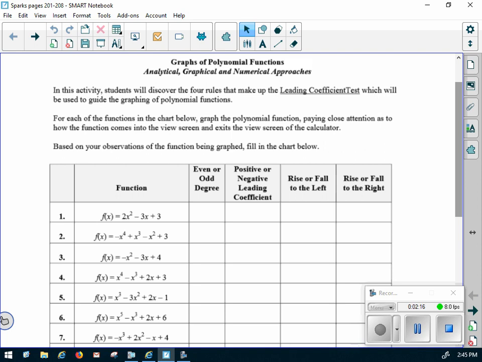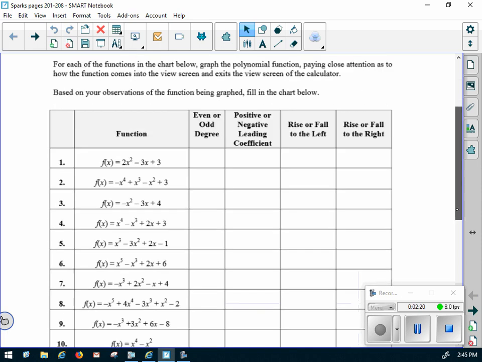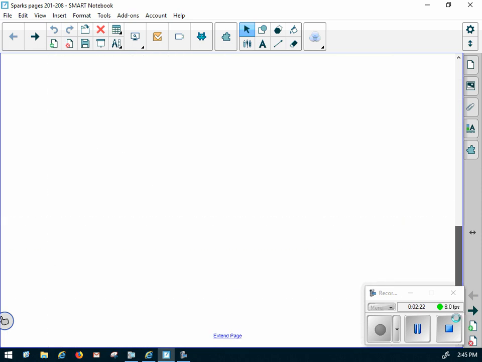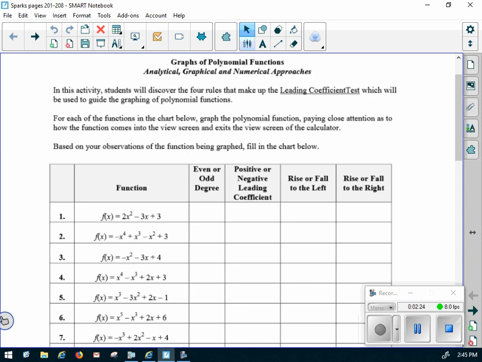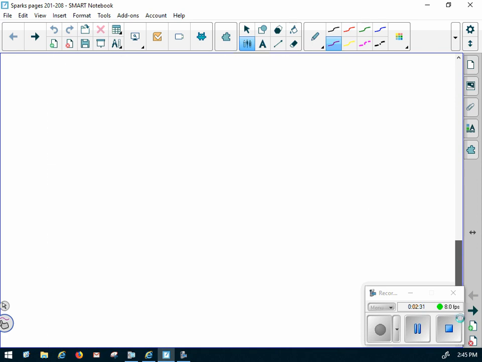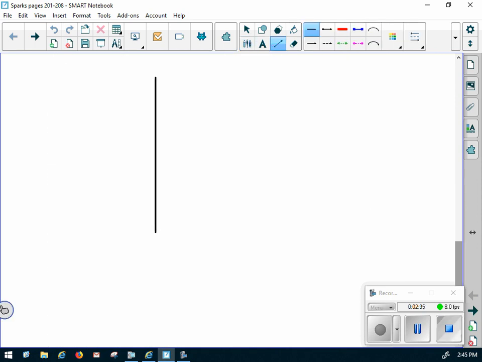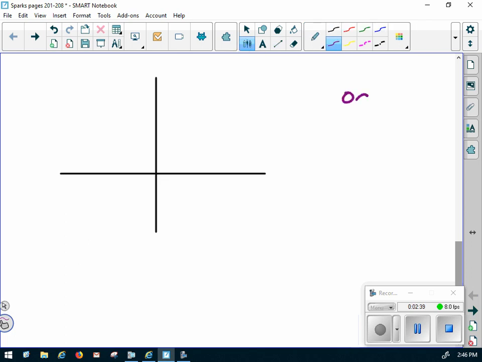Let me make some extra room here. I give you a function, degree is odd, leading coefficient is positive.